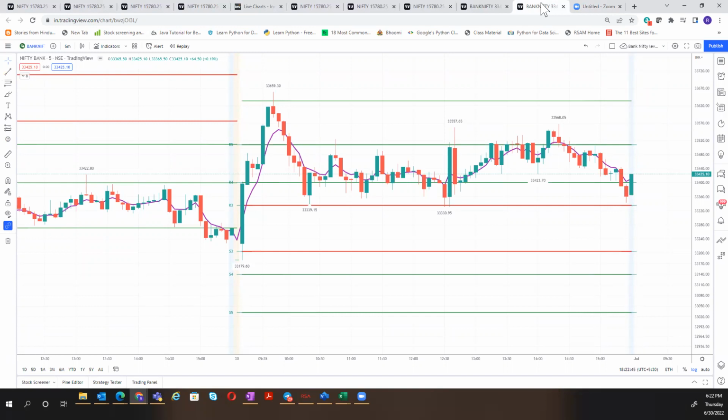Now 5 EMA indicates momentum. It is on top of 20, on top of 50, on top of 15, on top of 10, on top of 8. It's a fast momentum, right? It indicates fast momentum.